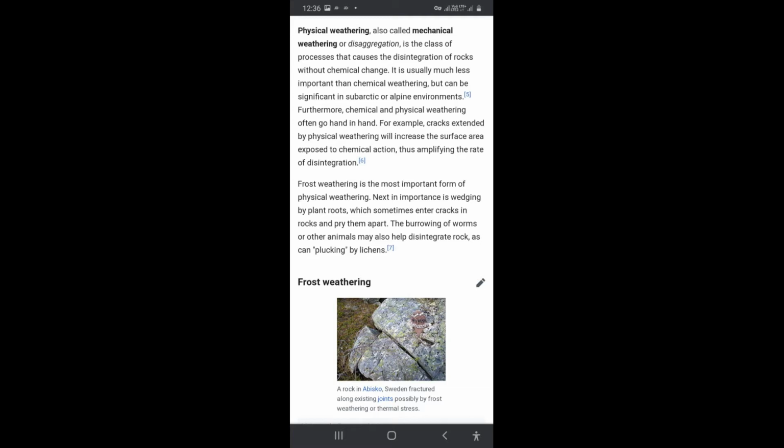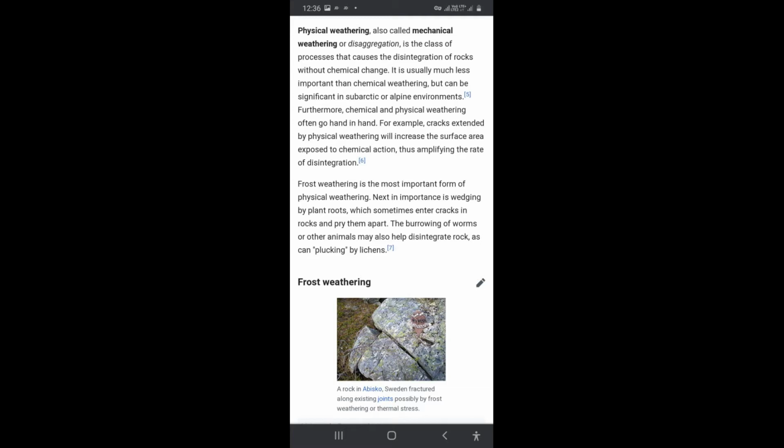And last but not the least, we have a special kind of weathering known as spheroidal weathering. So, among the processes involved in chemical weathering, the first one is the solution process. Now from the word itself we can understand that it's something related to solution.